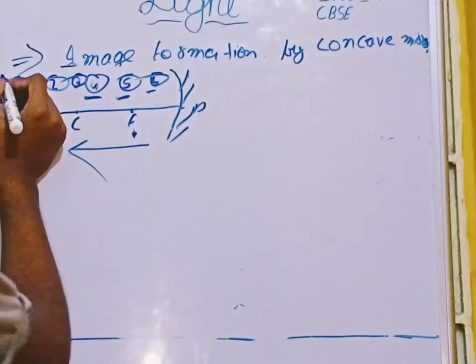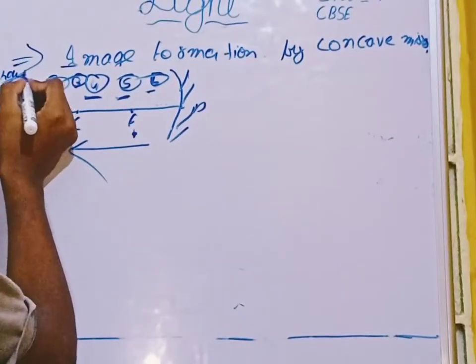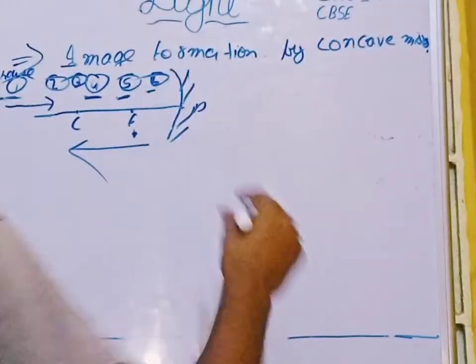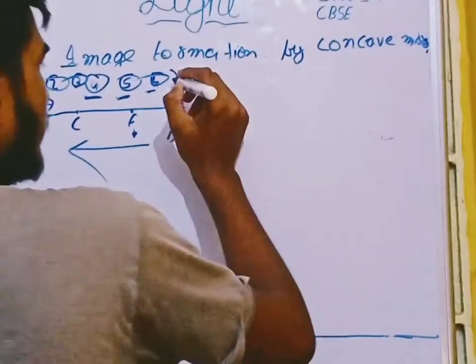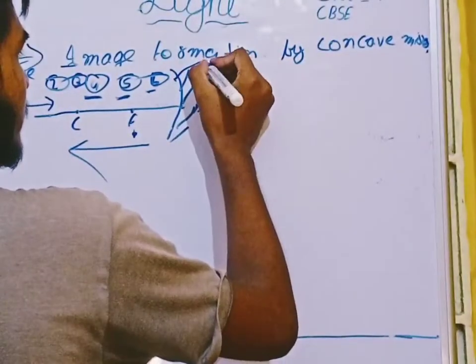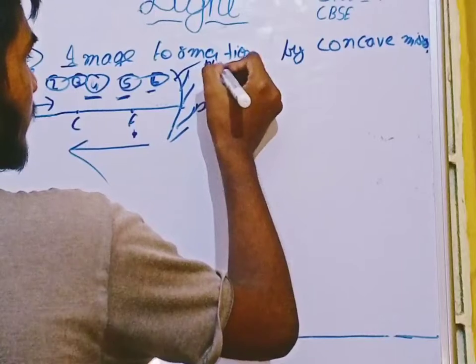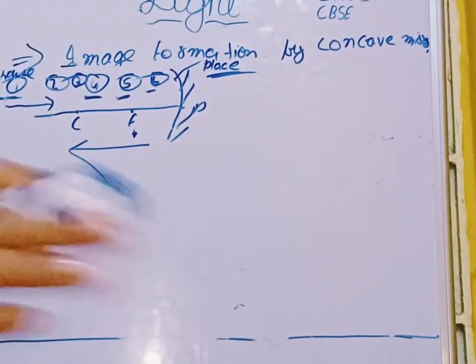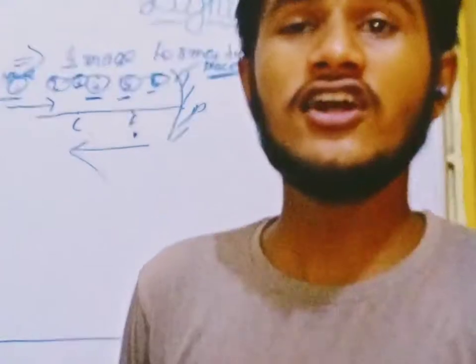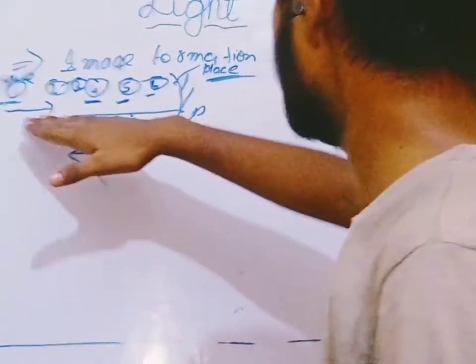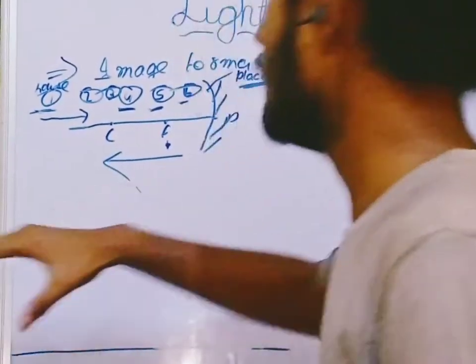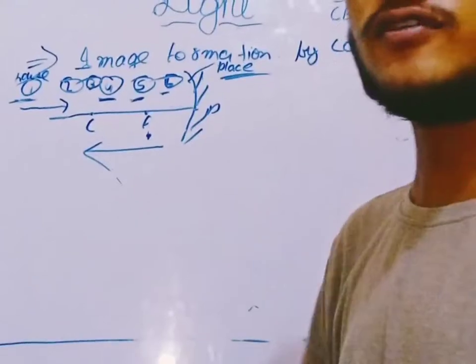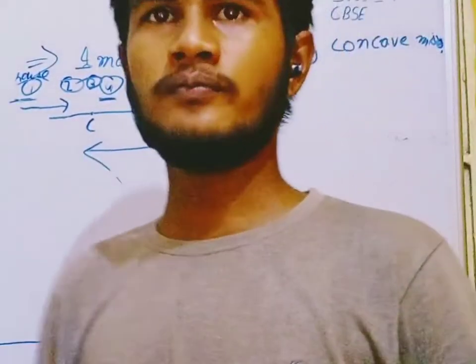Like here is your house, and you have to go to your friend's house or meet someone at some place, and this is the destination. When you go near the person, the image formation goes away from the person.